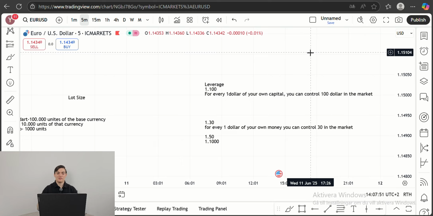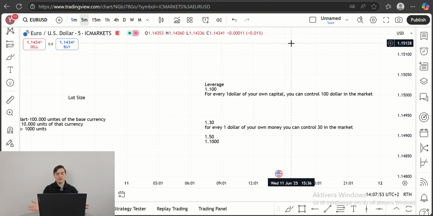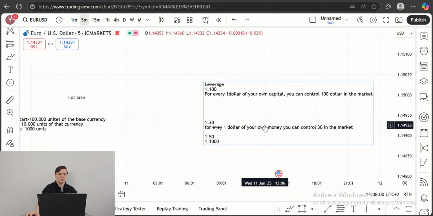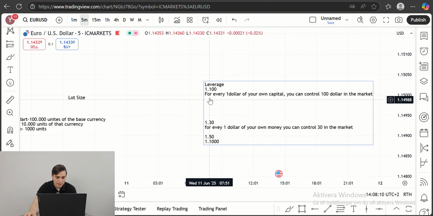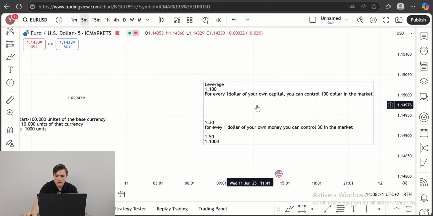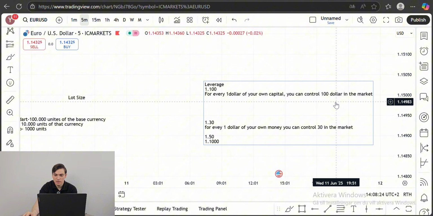Do I explain myself? There's a lot of different leverage on different brokers, it depends on the broker, but there is leverage 1:100, 1:30, 1:50, 1:1000, 1:400, 1:200, 1:2000 I've seen. What does it mean? In the example 1:100, for every $1 of your own capital, you can control $100 in the market. So if you have $10, you could control 1,000 in the market.